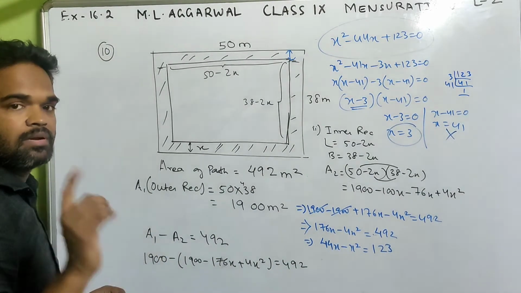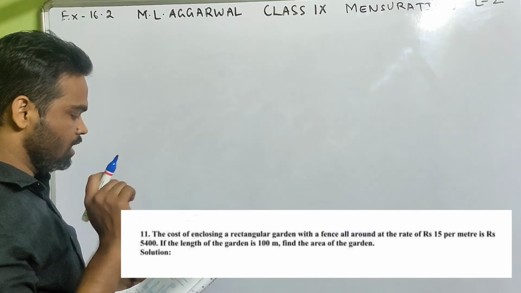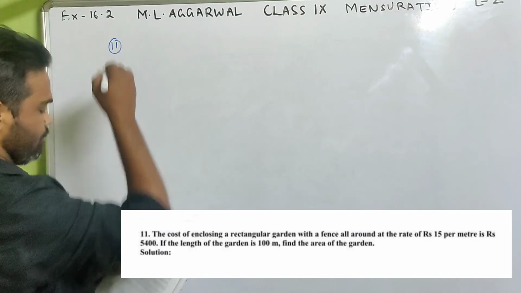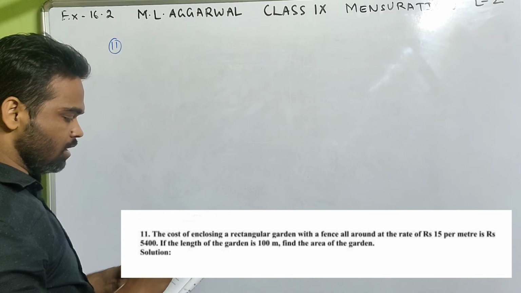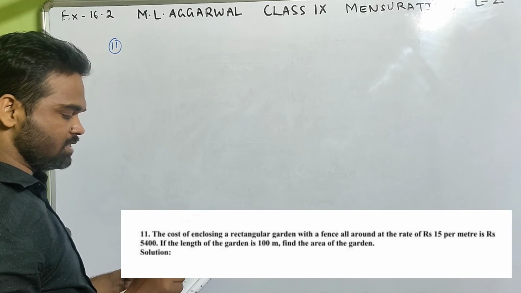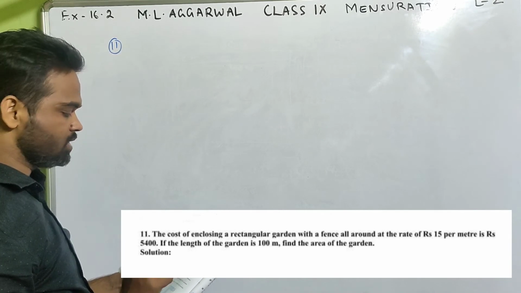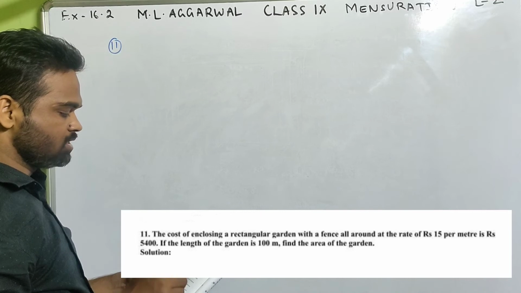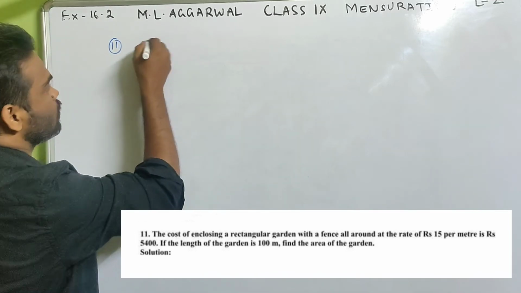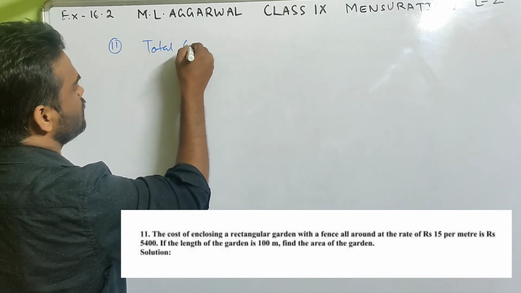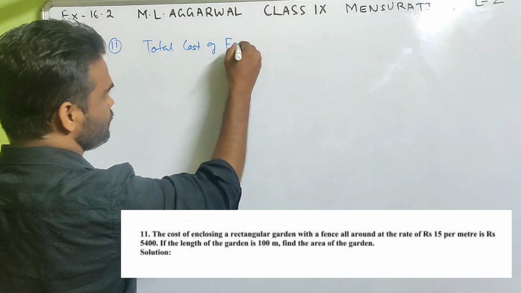Now let us do number 11. The cost of enclosing a rectangular garden with a fence all around at the rate of rupees 15 per meter is rupees 5400, which means the total cost of fencing.